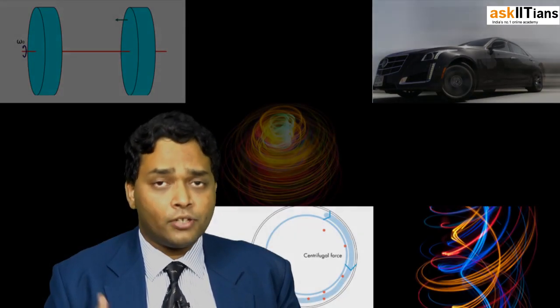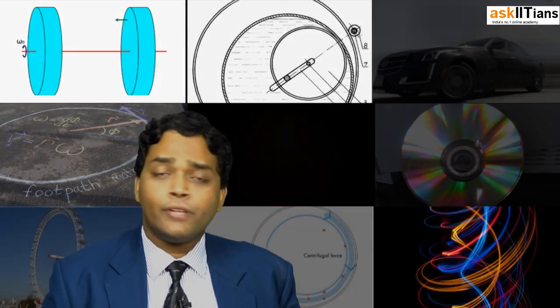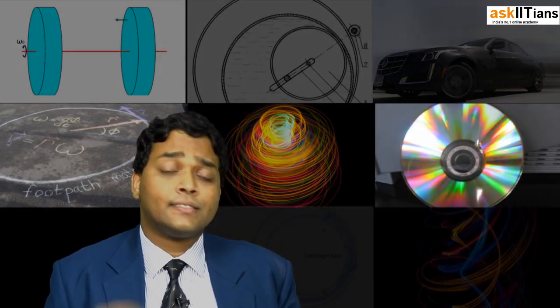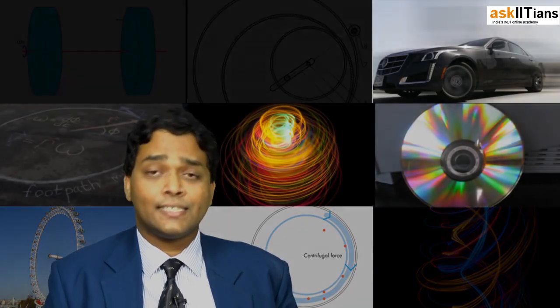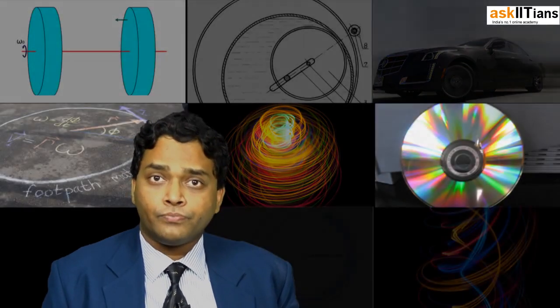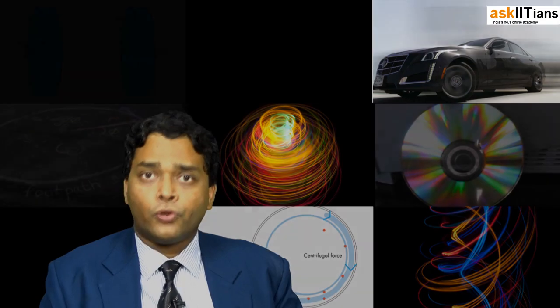When we talk about linear kinetic energy, it depends on the motion of the center of mass. But the rotational kinetic energy related to the moment of inertia is related to the rotation of the object, and therefore the symmetry and the orientation of the masses play a role. That combined together gives you the total energy of rotation.